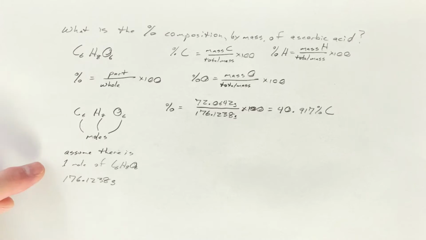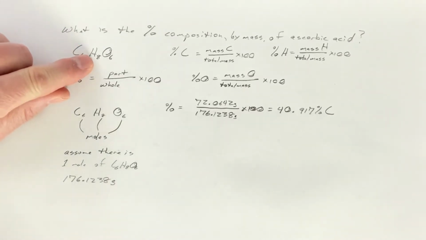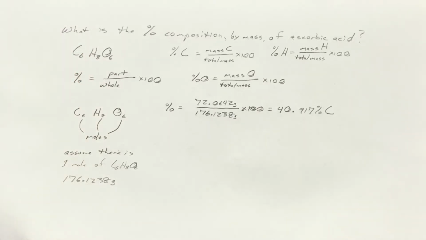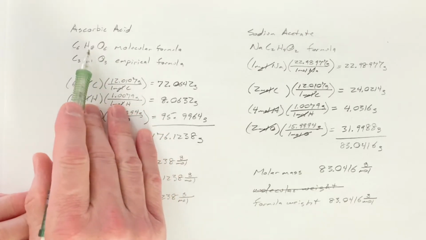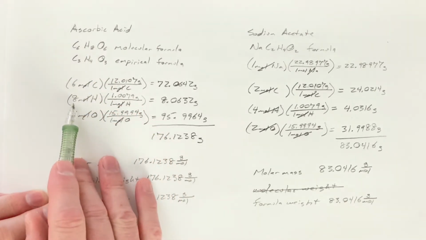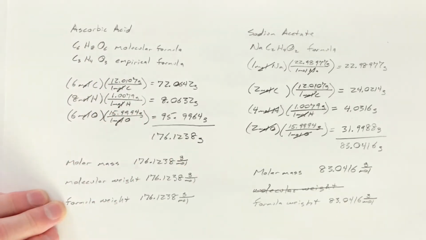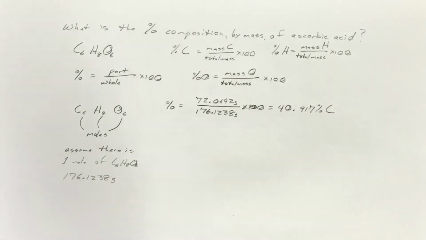Again, we're assuming that we have 1 mole of ascorbic acid, and we are also saying that we have 8 moles of hydrogen. 1 mole of ascorbic acid contains 8 moles of hydrogen, and 8 moles of hydrogen has a mass of 8.0632 grams.